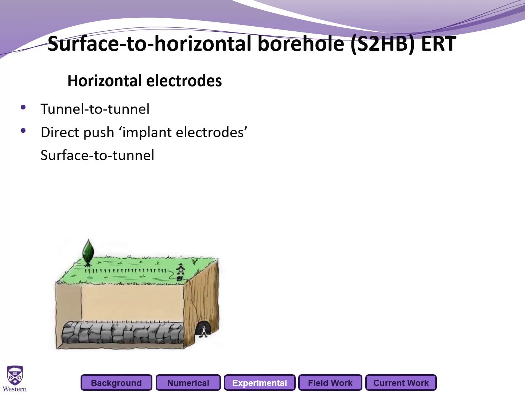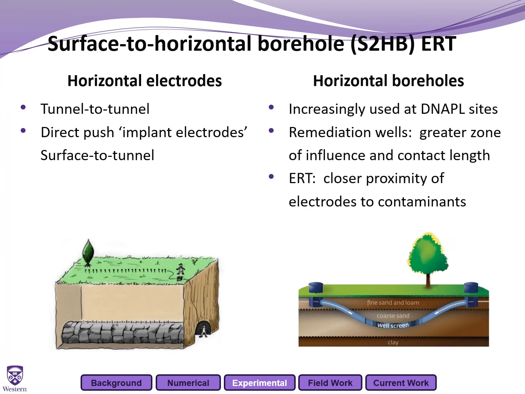So horizontal electrodes from a geophysical perspective have already been studied in tunnel to tunnel, and also direct push implant electrodes. And more importantly, from a DNAPL perspective, horizontal remediation wells continue to be increasingly used at DNAPL sites because they provide a greater zone of influence and contact length between the remediation injection or amendment fluids and the DNAPL source zone.